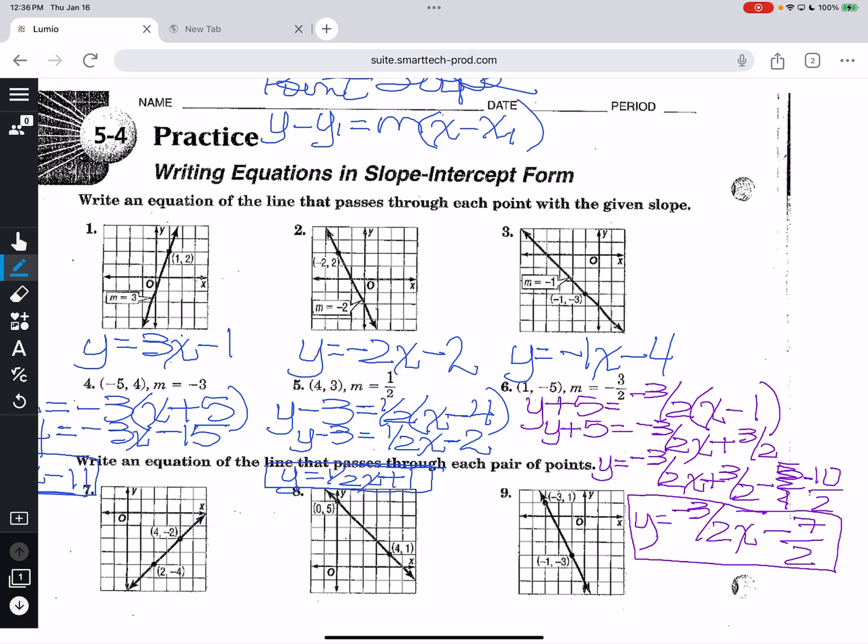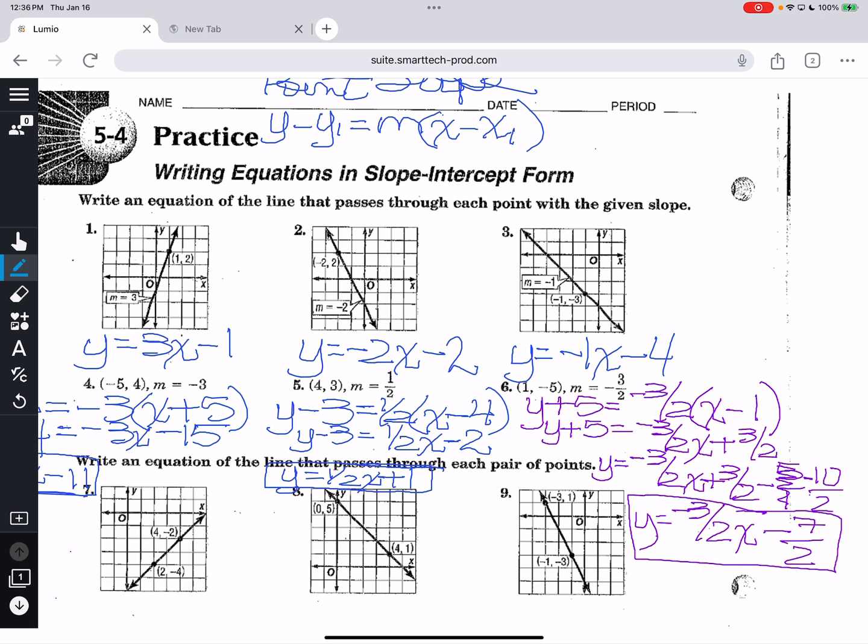Mixed number, 7 over 2. Negative 14 over 1? No, it's 3 numbers, like 3 and 1. What'd you say? I got negative 3 and 1. Thank you. 3 and 1/2.